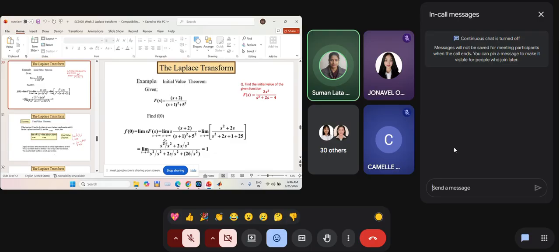You can apply this rule. First, you put s of F(s) in the limit where s tends to infinite.